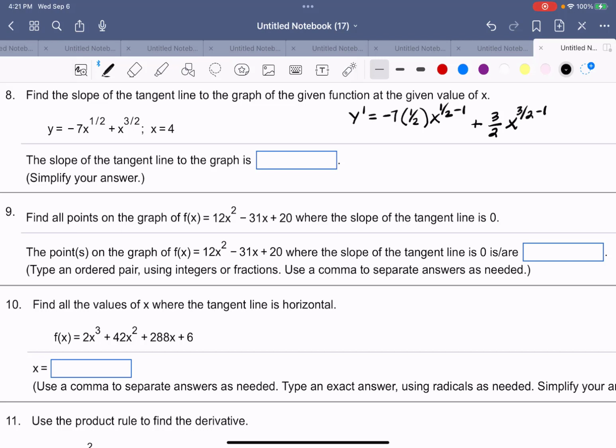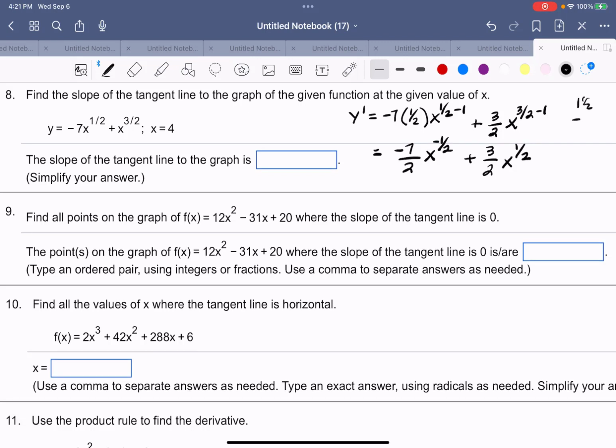And now we're going to simplify this to negative 7 over 2 x to the negative 1/2 plus 3 over 2 x to the 1/2. 3 over 2 is 1.5. Take away 1, you get a half.